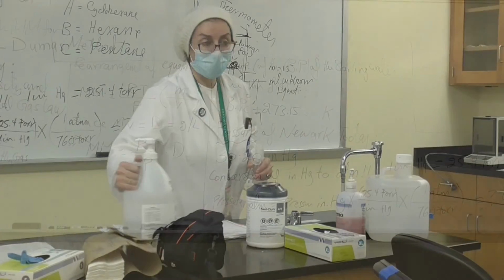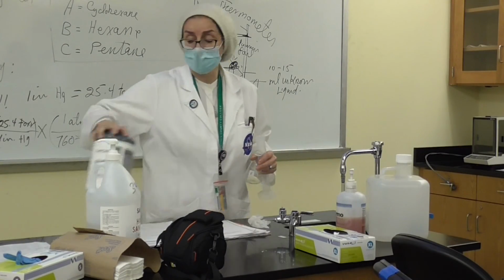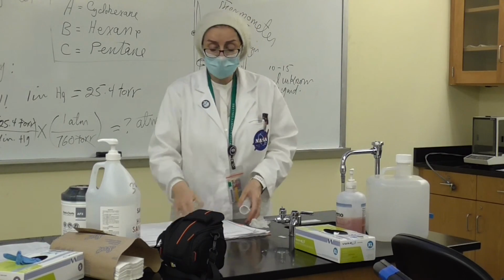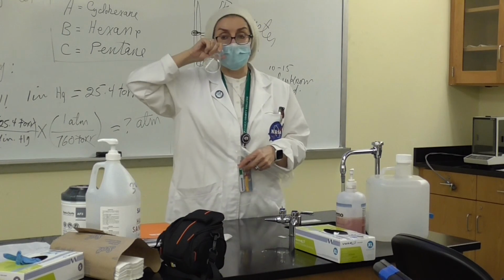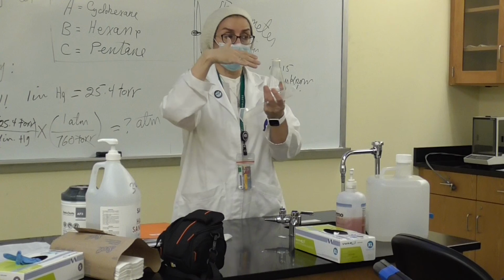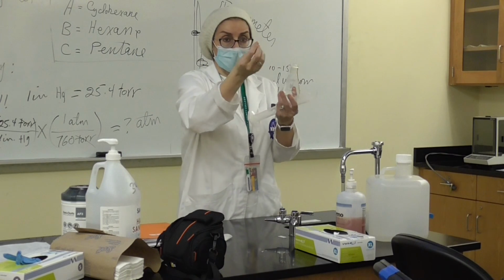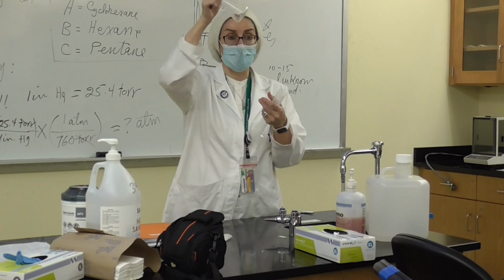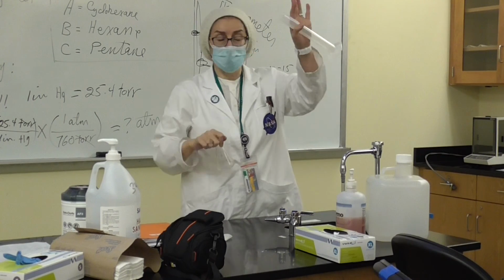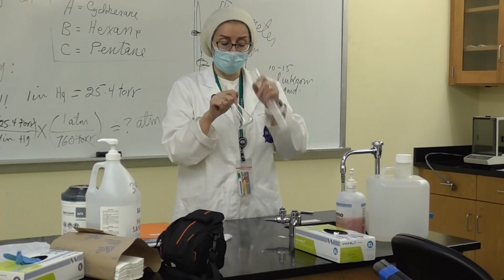So can I have everybody's attention, please, on how to measure the volume of this flask? Because your vapor, the liquid, when it is vaporized, it went all the way and occupied the whole entire volume of your flask, okay?